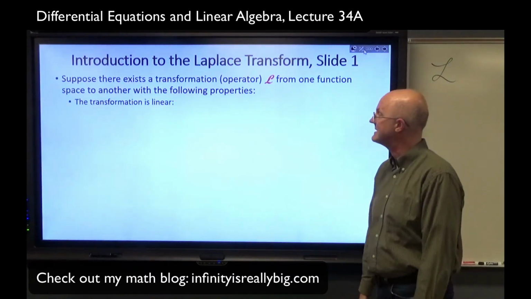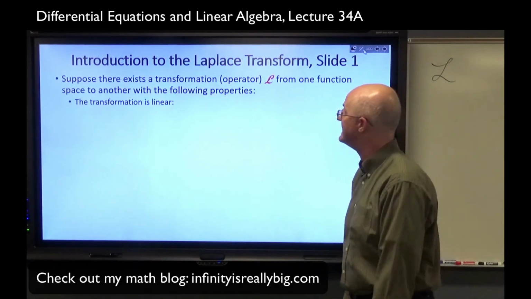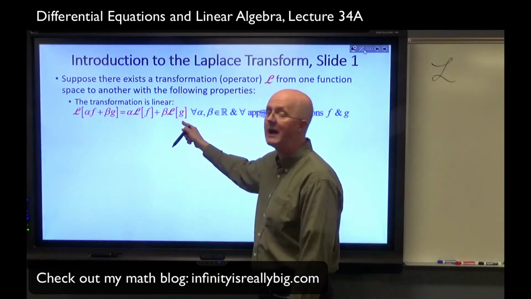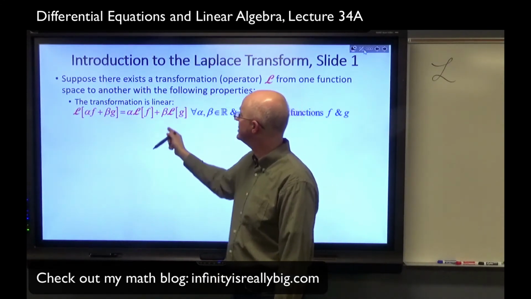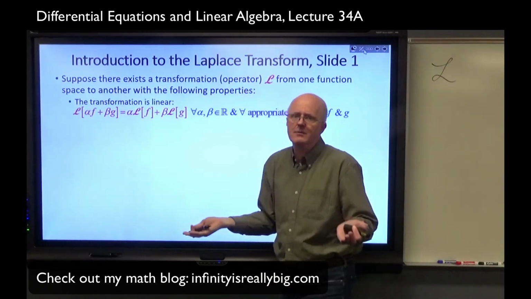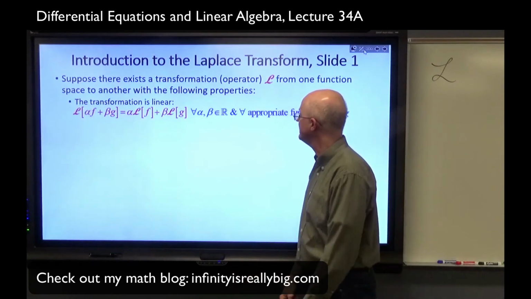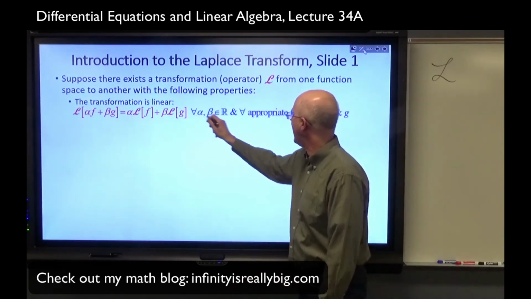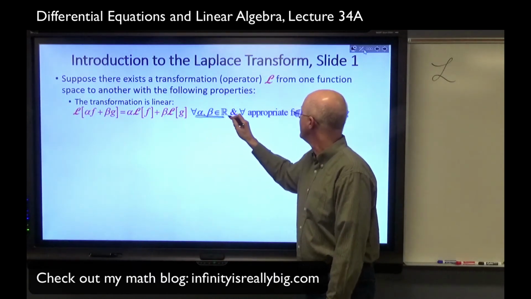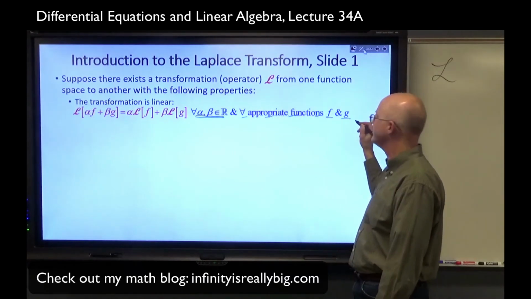The transformation needs to be linear. Same meaning of linear as always. L of a linear combination is the corresponding linear combination of the functions, f and g. I'm using square brackets here instead of parentheses. That's just an arbitrary choice, but it is somewhat traditional for the inputs of this function L. This is true for when alpha and beta are any real numbers, and for all appropriate functions f and g.